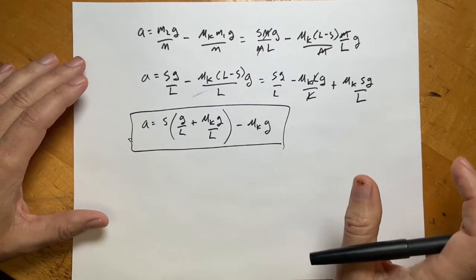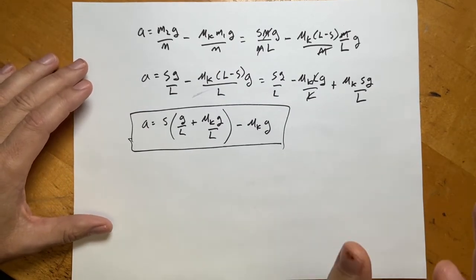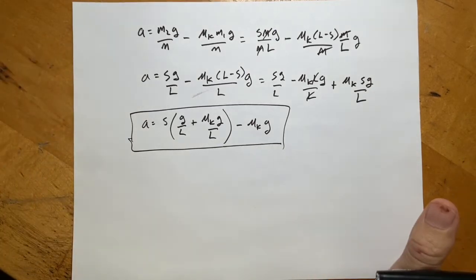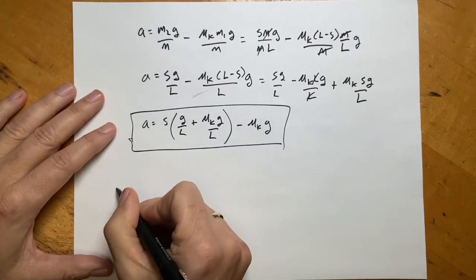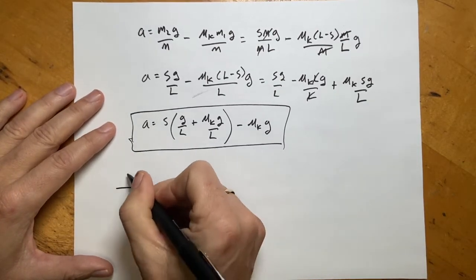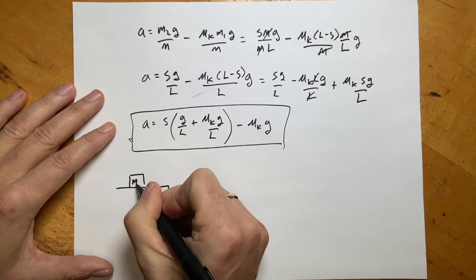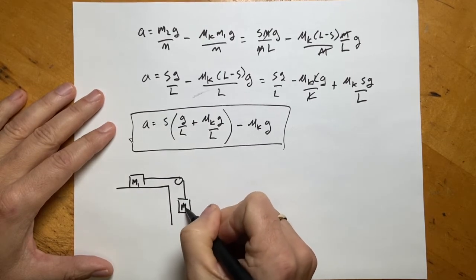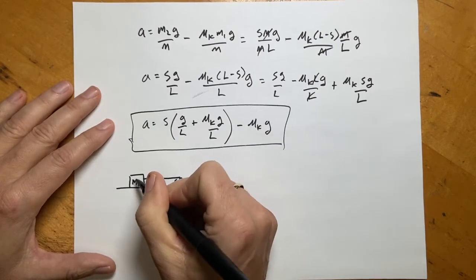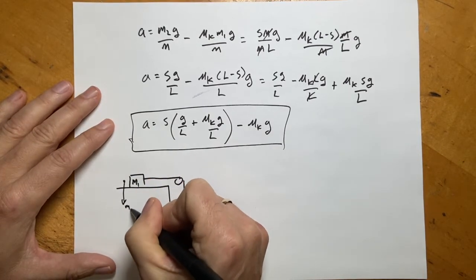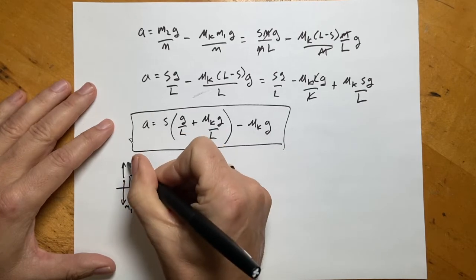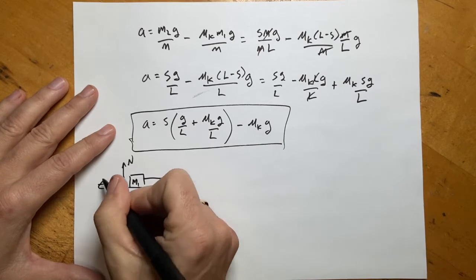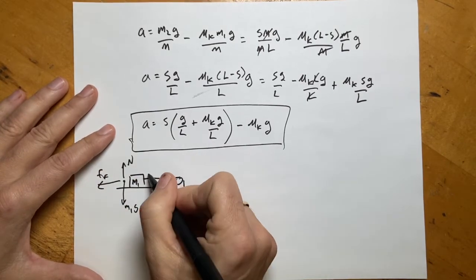Okay, but now, what if it doesn't even start to move, right? So let's go back over here. This is M1, and that's M2. And so on this mass, I have M1G, I have N, then I have the frictional force, FF, and then I have the tension.